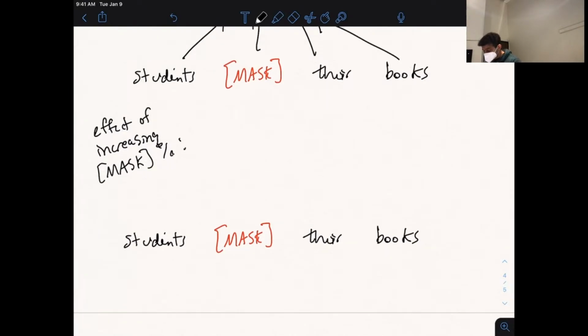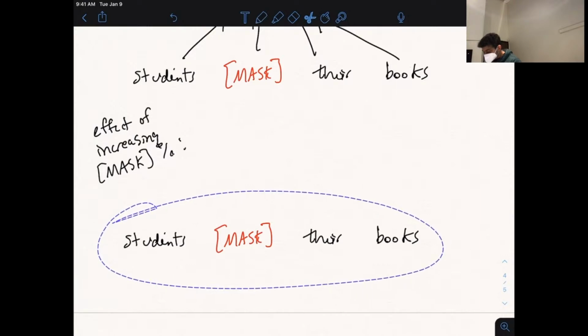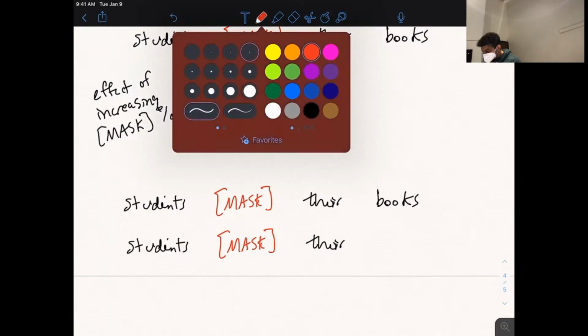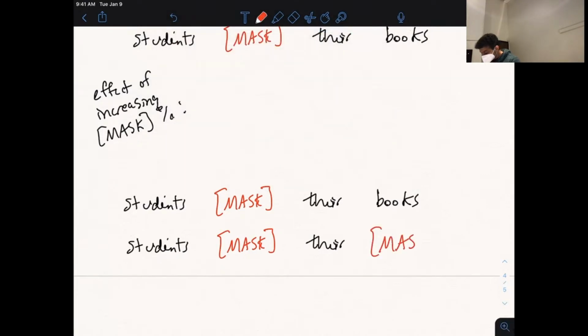On the other hand, imagine if I took this sentence and replaced this token with a mask. Suddenly it becomes much harder to predict both of these mask tokens, right?